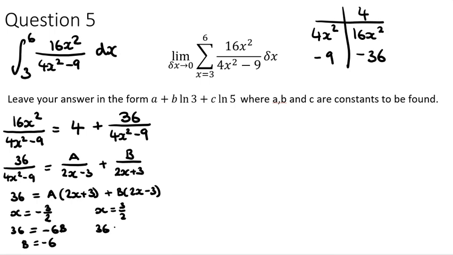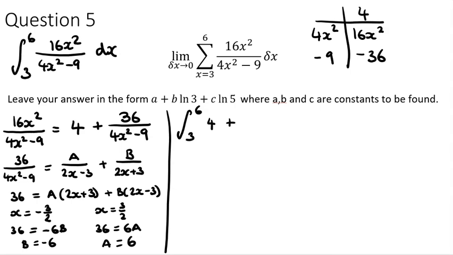Then we get 36 equals 6A, so A will equal 6. So what we are trying to integrate is 4 plus 6 over 2x minus 3, minus 6 over 2x plus 3.